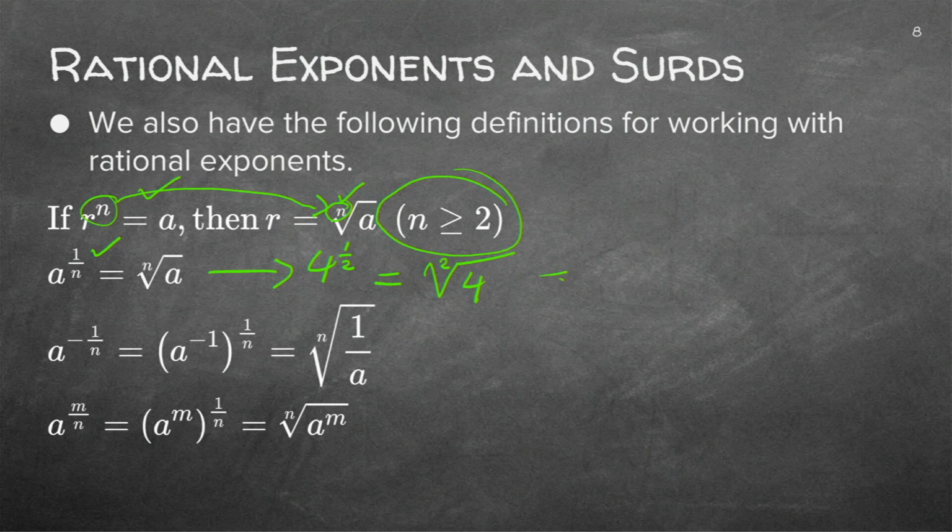So remember, guys, we hardly put the 2 there in that space, but that 2 simply means square root, okay? So usually we just write it without the 2 there. So that is what that first law of rational exponents means.